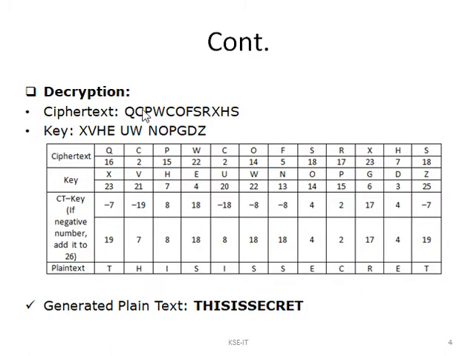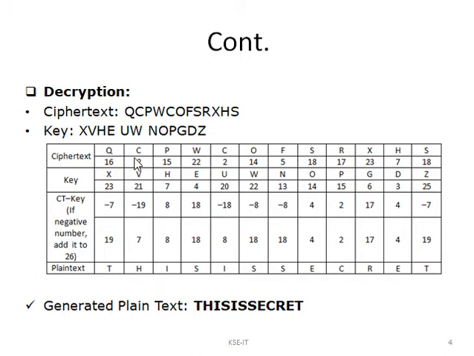For the cipher text QCPWCOFSRXHS and the key XVHEUWNOPGDZ, we will try to get the plain text using one-time pad cipher. First of all, write down the cipher text as it is and then write down the numeric value for all these characters.